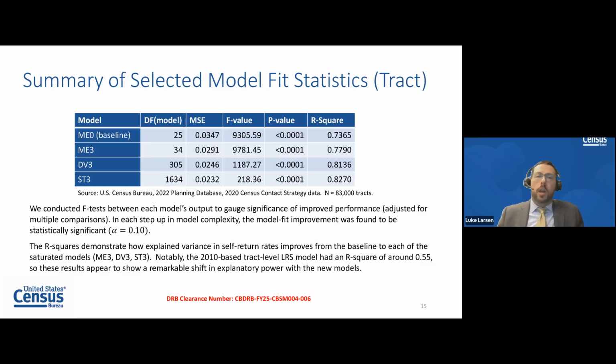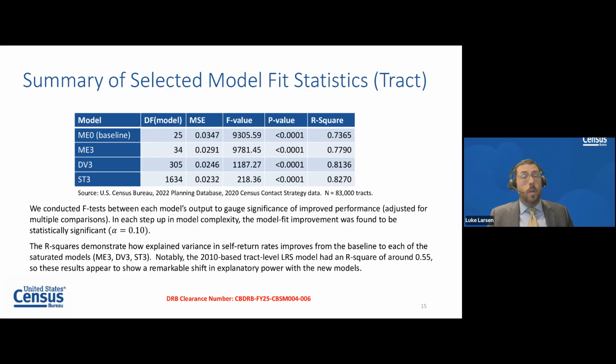Here are some selected model fit statistics at the tract level. So going down the list, ME0 is that baseline model I talked about, not changing anything except for the global modifications. And then the models getting more sophisticated as you move down the list. We see that all of these models have some pretty admirable model fit statistics.